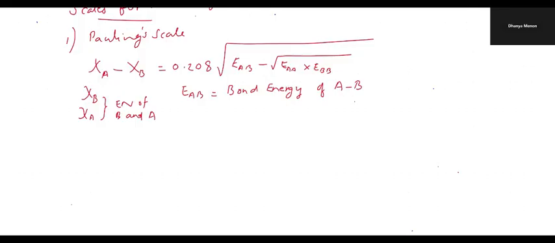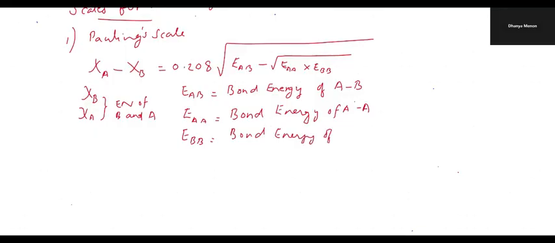So EAA will be what? More about bond energy we will be learning later. Bond energy of AA, and EBB is the bond energy of BB.